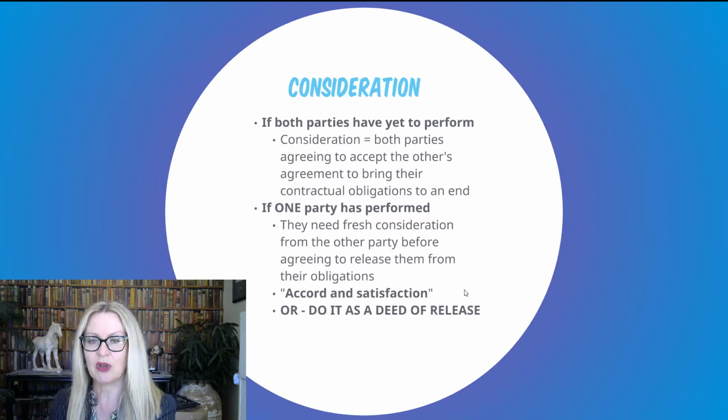And this is where you have what we call accord and satisfaction. Accord is the party's agreement to release the party that has yet to perform, and satisfaction is the consideration that the party who hasn't performed gives to the party that has performed. Accord and satisfaction.